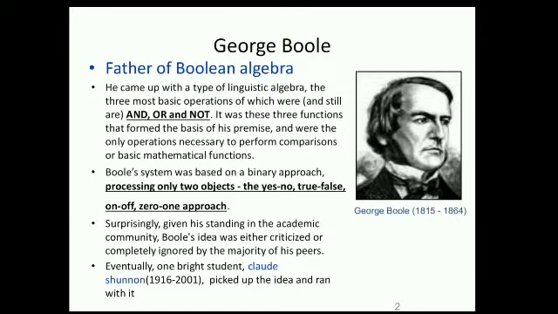Boole's system was based on a binary approach, processing only two objects: yes, no, true or false, on or off, 0 or 1. Based on this person, the algebra is known as Boolean algebra.